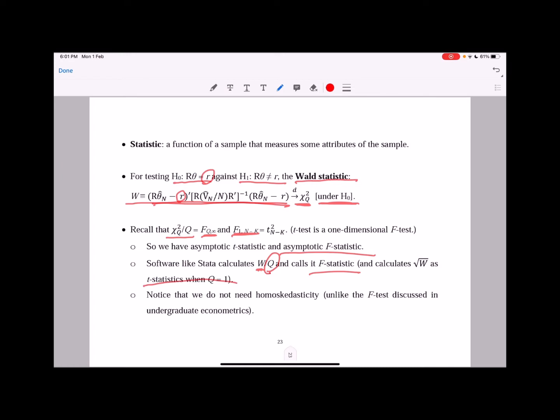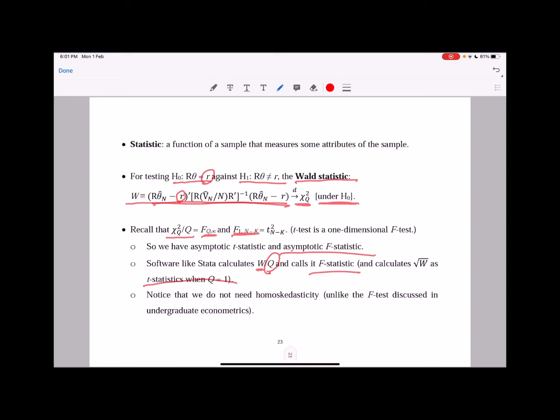Note that the Wald statistic here, or the F statistic, does not need homoscedasticity. In undergrad textbooks, sometimes we say that to get the F statistic there is a formula based on R square, but that requires the homoscedasticity assumption.